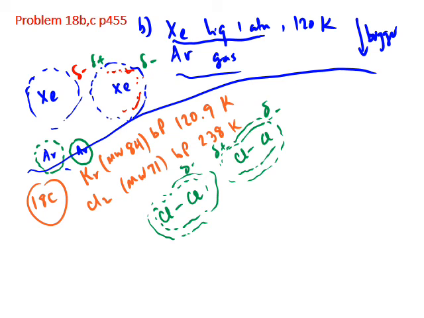So Cl2, a diatomic molecule, would show greater polarizability than krypton. Krypton is not as polarizable because it's just a single atom. So two atoms, like two Cl atoms, would be much bigger than a single krypton atom. Writing it down like this, krypton on krypton, they're also polarizable, but not as polarizable as the diatomic chlorine molecule.